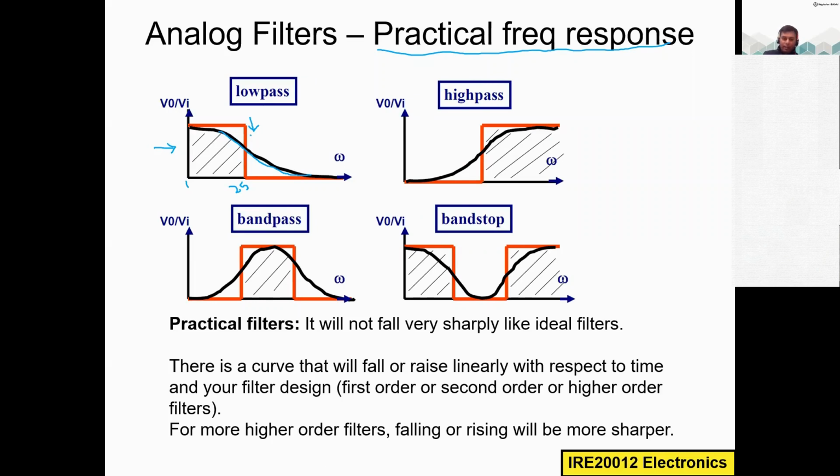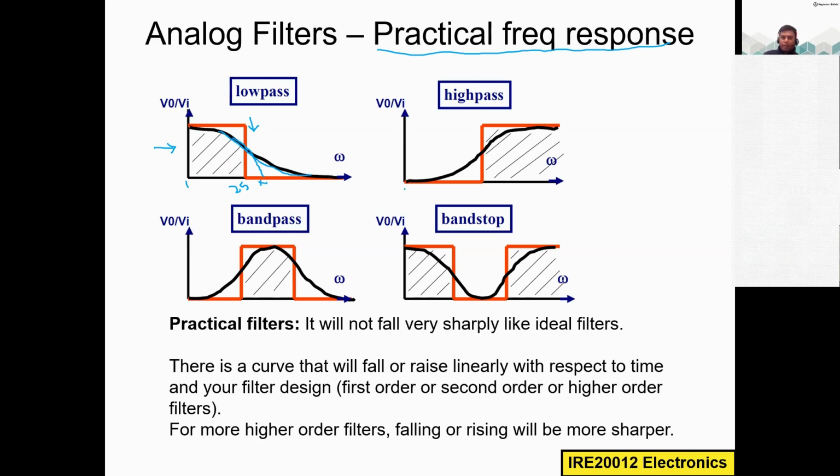Instead of falling down like this, I can make the fall as sharp as possible, so instead of starting zero from 30, maybe I can make it 26, 27. That is what we can do practically. As you make this curve as sharp as possible, that is why you have to go to higher order filters. Okay, so in this low pass filter, it passes the low frequency, but the ideal filter frequency response is like this.